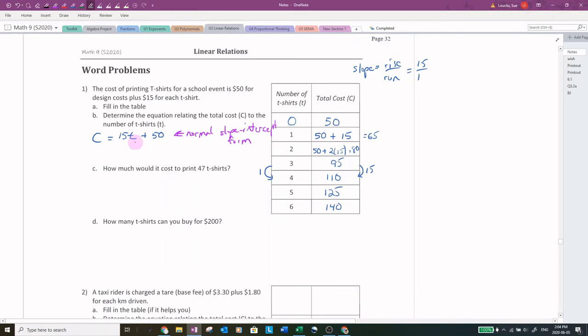But when I'm doing these questions, I think about it differently. Because the way that I think about paying for this is my cost is going to be $50. I have to pay that money up front plus 15 times however many t-shirts I have. So writing the equation in this order makes more sense to me.